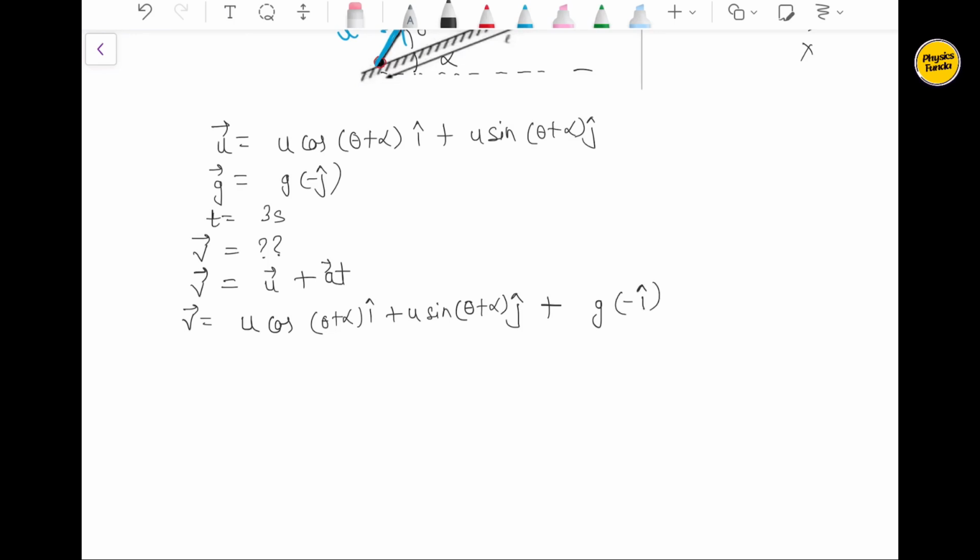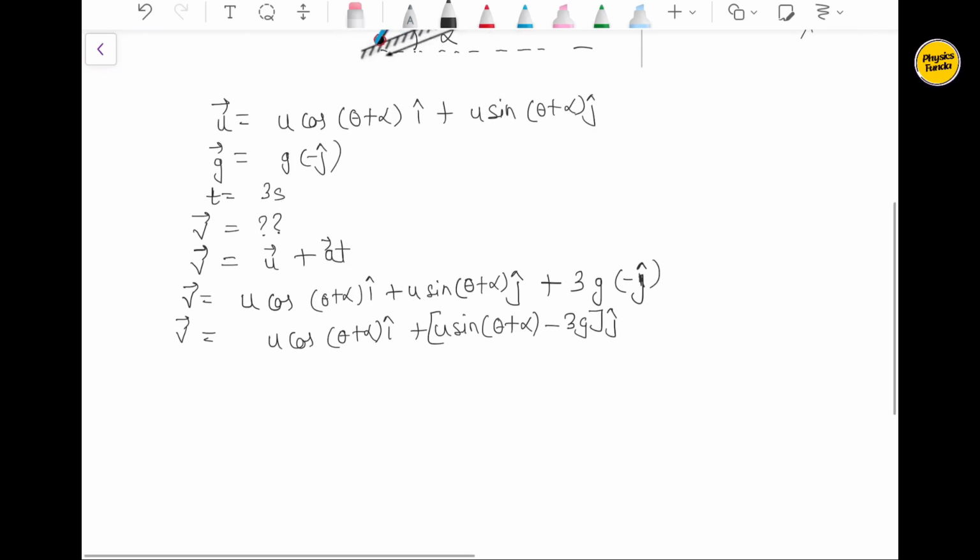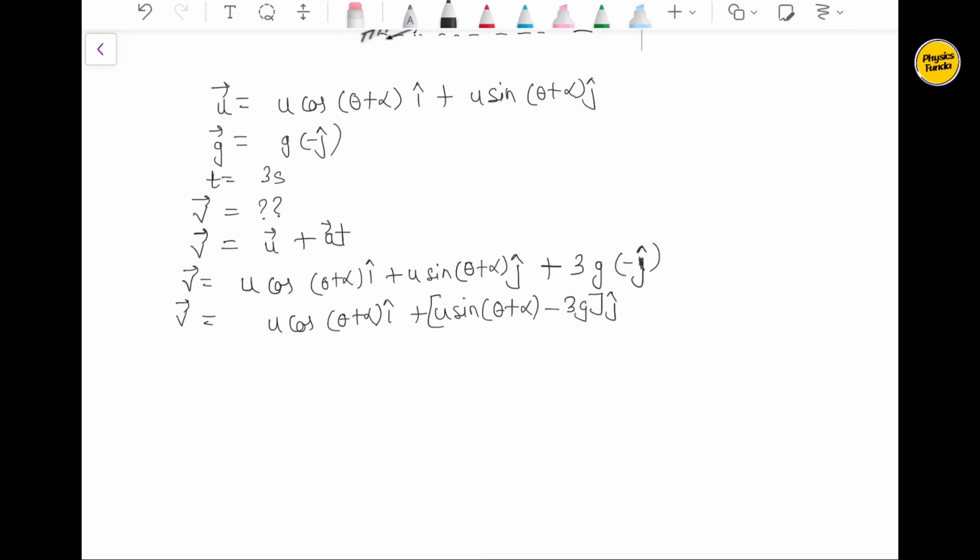The t value is given, that's 3, so it's 3g. More precisely, this can be adjusted and written as u cos(theta plus alpha) i cap plus u sin(theta plus alpha) minus 3g j cap. Okay, I got this.